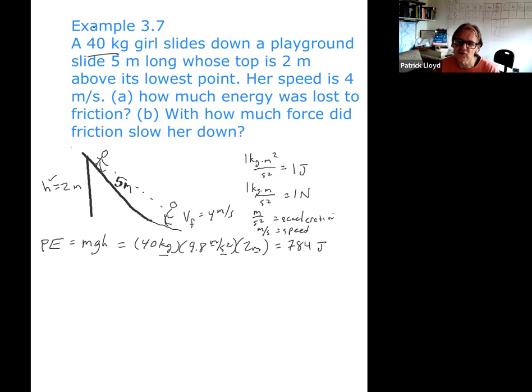If the girl just jumped off the top of the slide and hit the ground, the amount of kinetic energy she would have at the end would be equal to this amount, 784 joules. But let's see what happens with the slide. They measure the speed at the bottom. That's your final velocity. So the kinetic energy at the bottom of the slide is just 1/2 m v final squared.